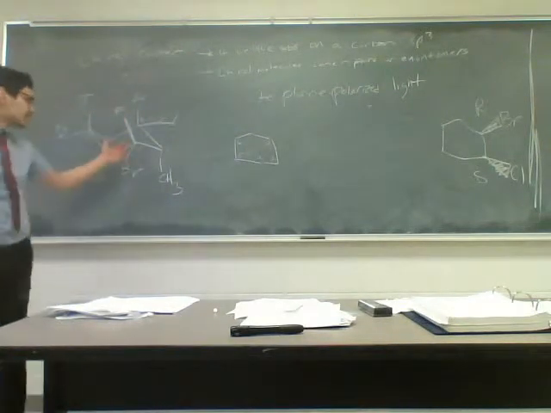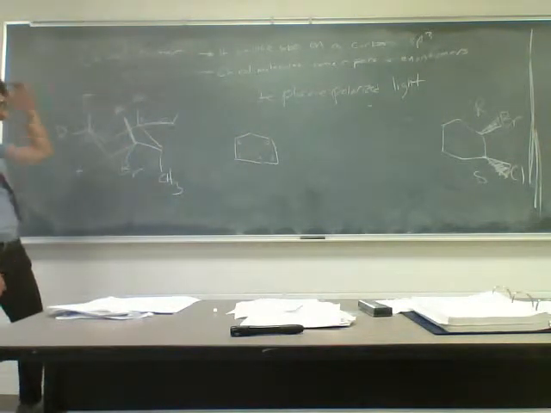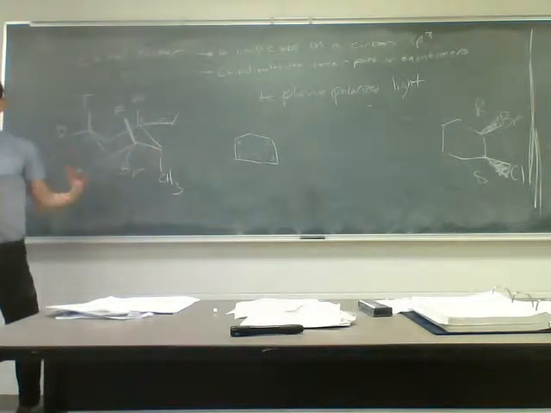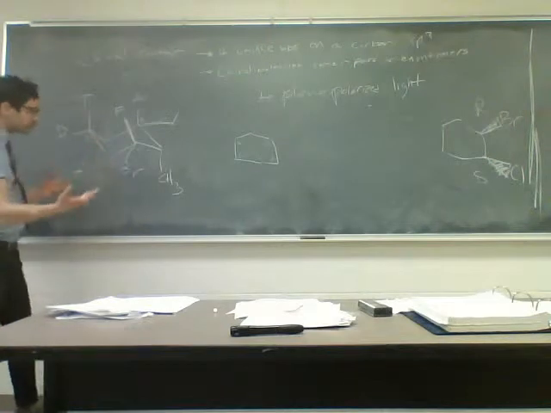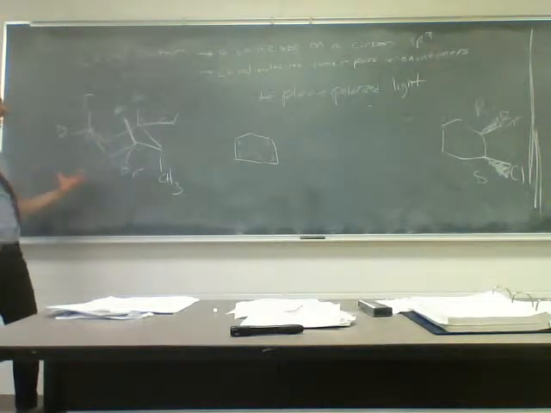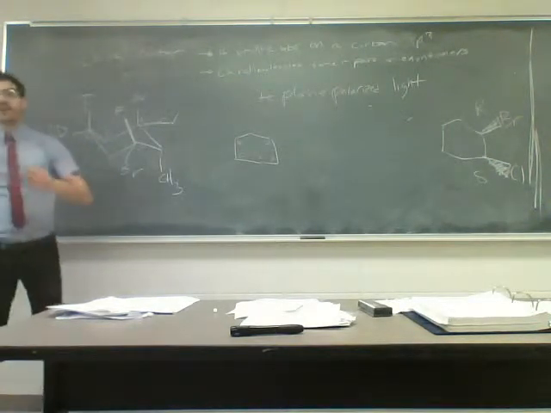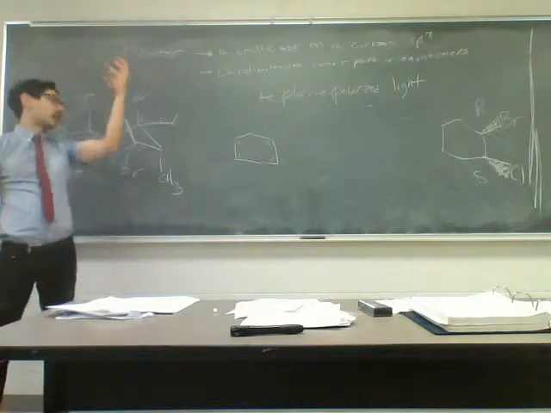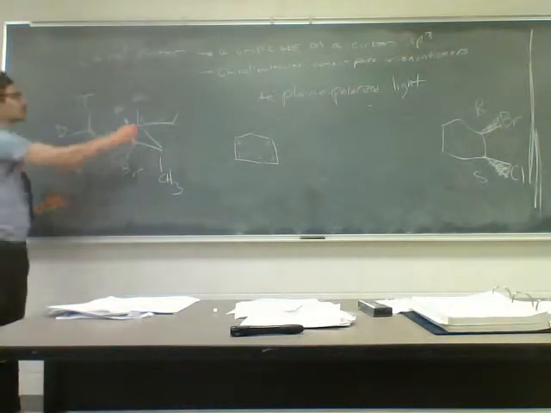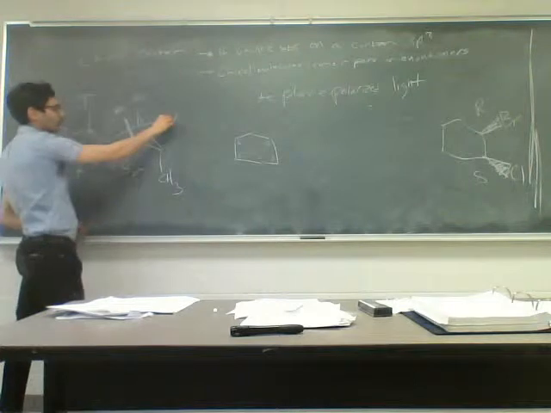Now I'm going to look at this structure, and I can see that on every carbon there are 2 substituents. Some of them aren't drawn in. But in every pair of substituents, one is higher up relative to the other. So here our bromine is higher than our chlorine.